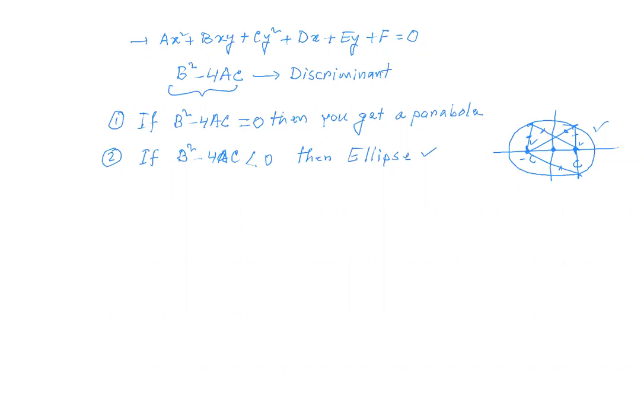And the last one is this: if b square minus 4ac is greater than 0, then what you have is a hyperbola. Okay, so remember this thing.